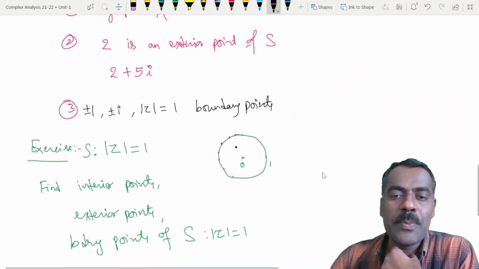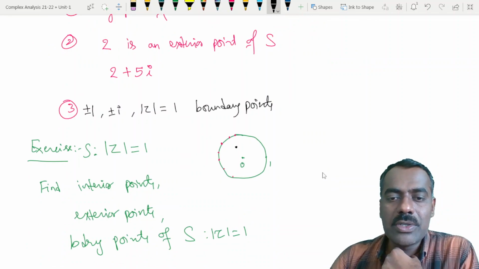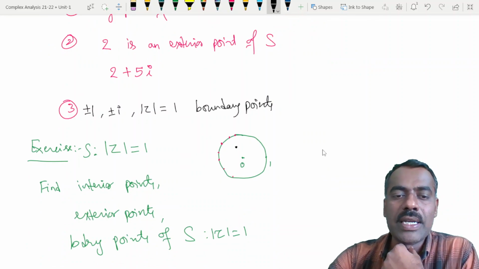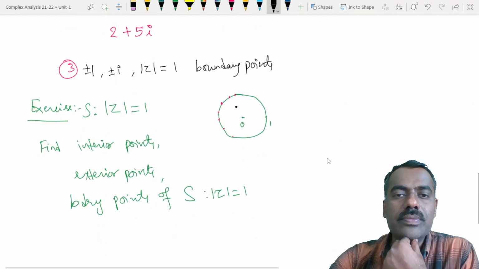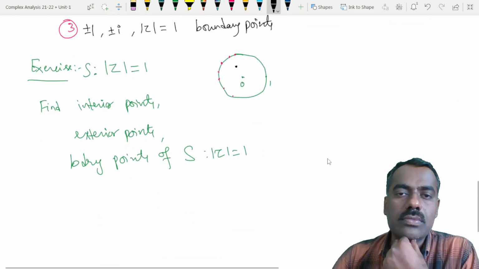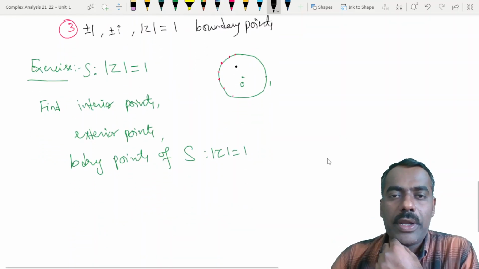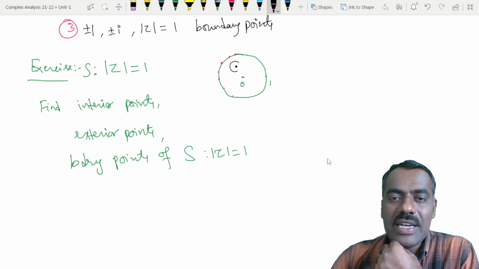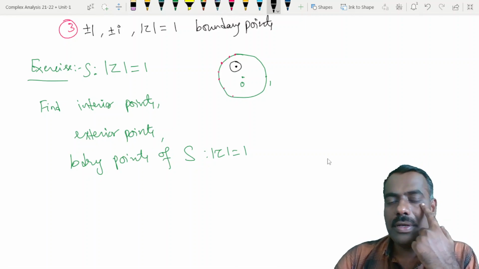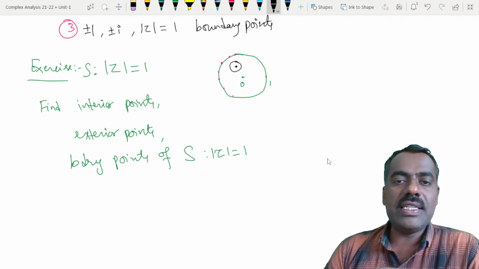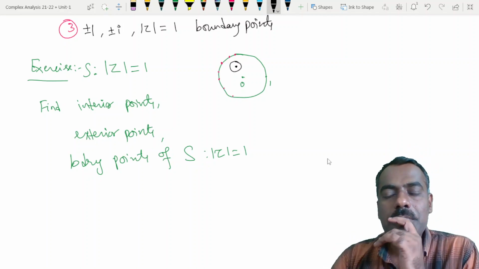So if I take a point here, what can you say about that point? Whether it is an interior point or an exterior point? Exterior point. Why? Because I can find a small neighborhood which is not intersecting this ring. Is this clear?